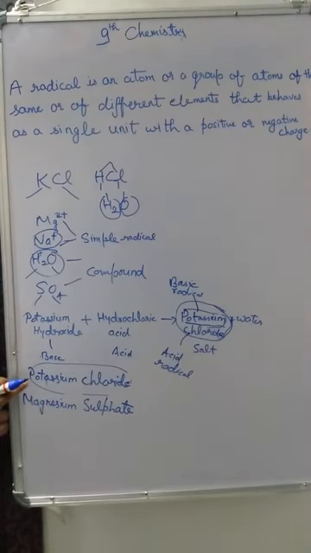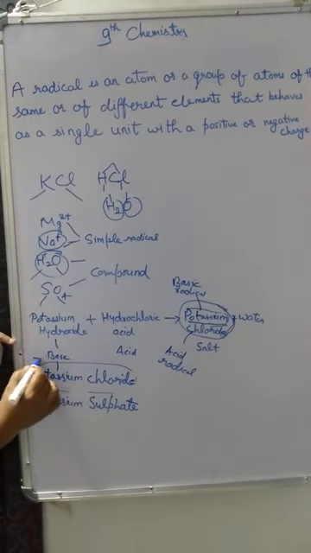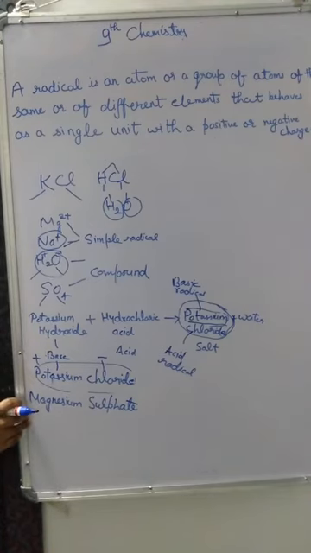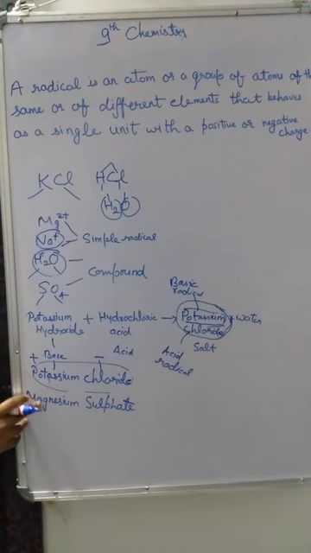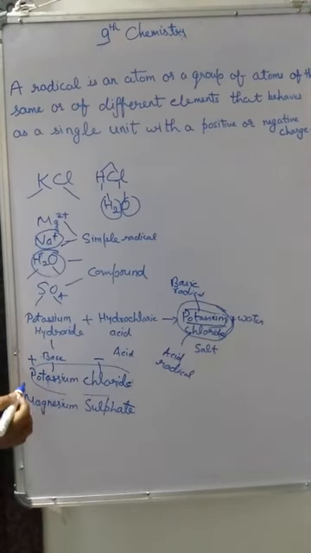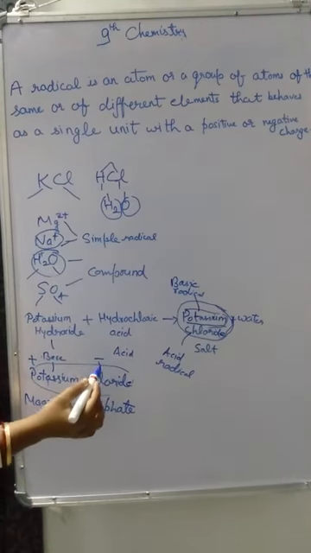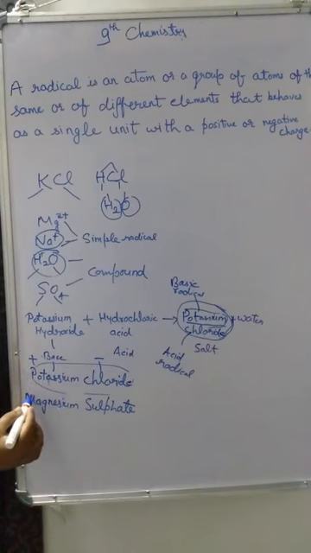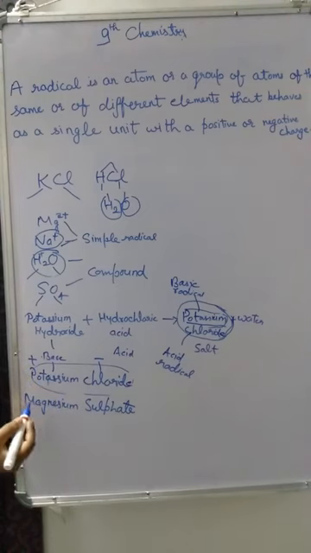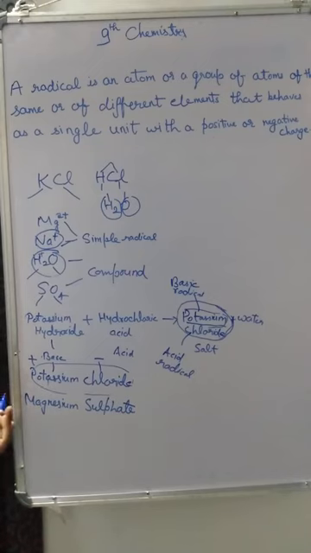Now you can see in this potassium chloride, this potassium is a positive charge and this chloride is a negative charge. That is why it is a radical. In potassium chloride, potassium is an electropositive and this chloride is an electronegative radical. In this magnesium sulfate also you can see this magnesium is an electropositive and this sulfate is an electronegative.